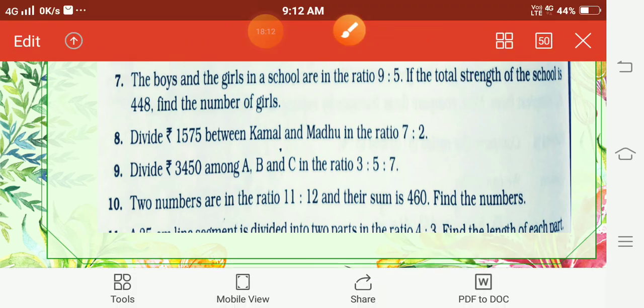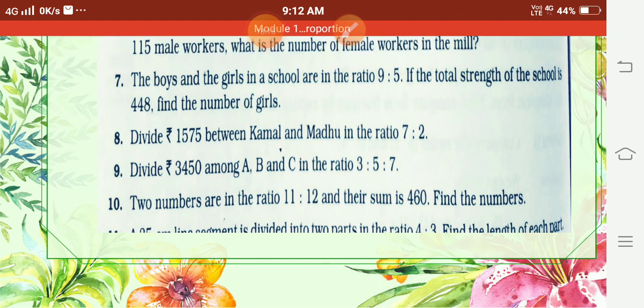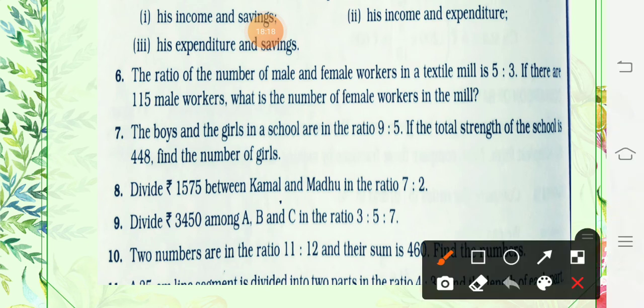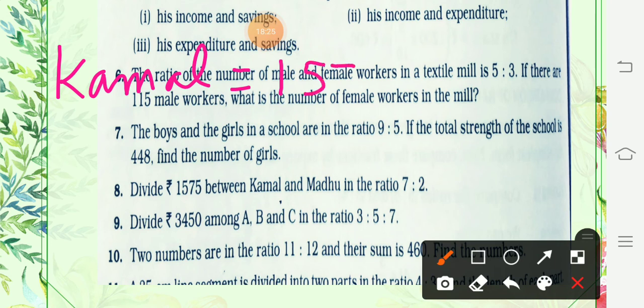Let's do it again. Divide rupees 1575. Kamal's part we have to find out here is equal to 1575, this is the total amount, divided by the total of the ratio, 7 plus 2 is 9, and we need Kamal's part, so multiply it by Kamal's ratio, 7.